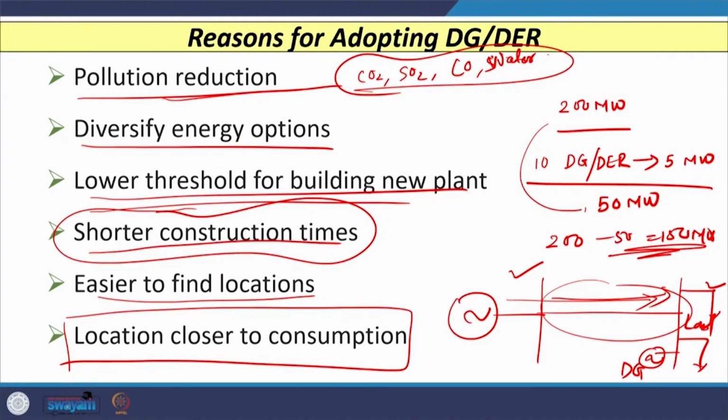And this can be violated because now government is encouraging renewable energy sources based generation, which we call distributed generators or distributed energy resources. And then we have discussed the several important reasons why we need to adopt distributed generators or distributed energy resources, or their connection at distribution level, sub-transmission level and transmission level.